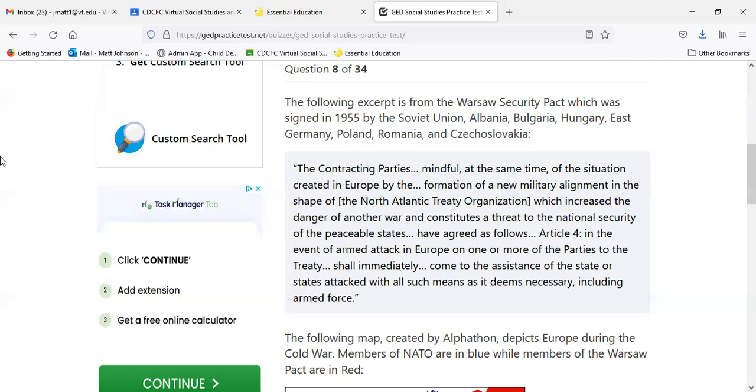Article 4, in the event of armed attack in Europe on one or more of the parties to the treaty, each shall immediately come to the assistance of the state or states attacked with all such means as it deems necessary, including armed force. So it's sort of like the NATO treaty, right? If somebody gets attacked, we will jump in to help.